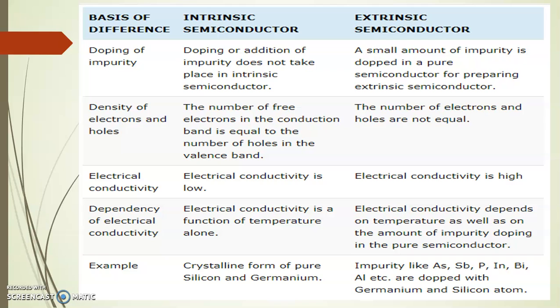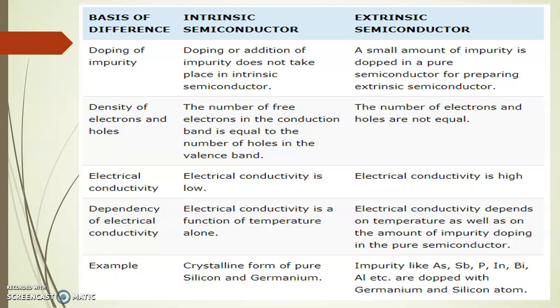To get more detailed knowledge of the intrinsic and extrinsic semiconductor, we will see this table, that is the differentiation between them. Before studying this, let me explain one more parameter, that is doping. You can see in this slide, doping of the impurity. The conductivity is increased by means of the doping process.